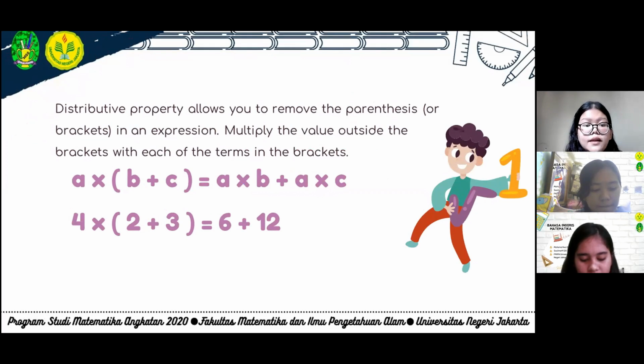For example, A multiplied by the sum of B added to C is equal to the product of A multiplied by B added to the product of A multiplied by C. The next example is the sum of 2 added to 3 being multiplied by 4 is equal to the sum of 6 added to 12.